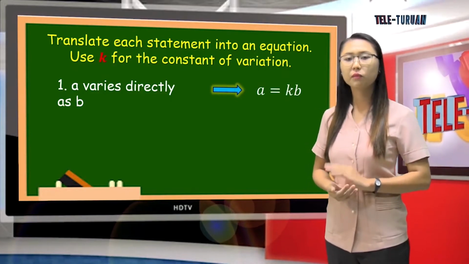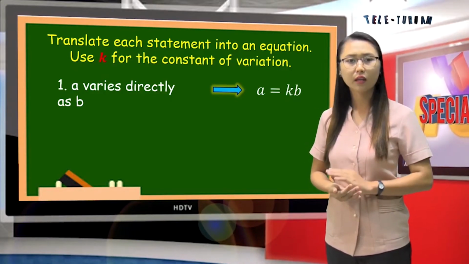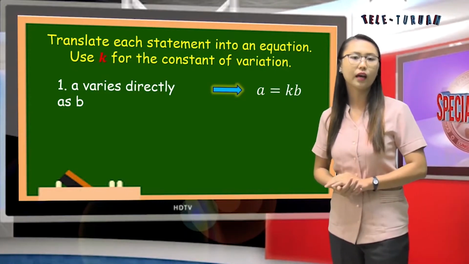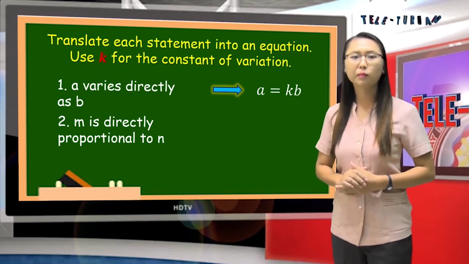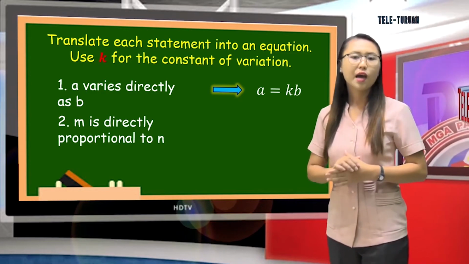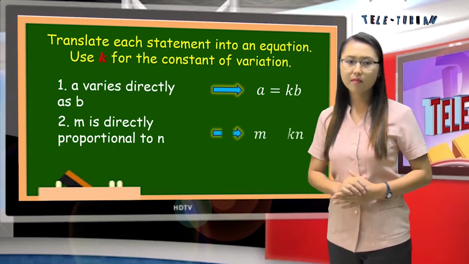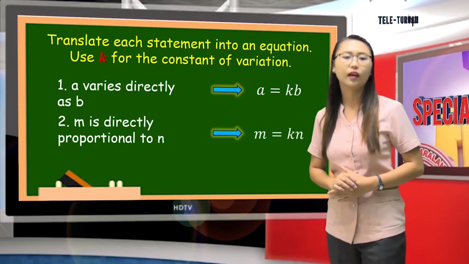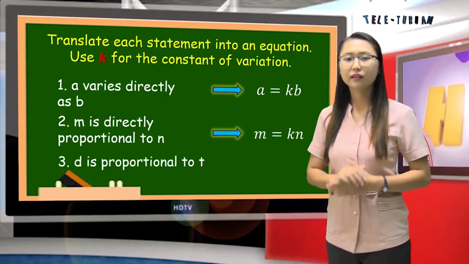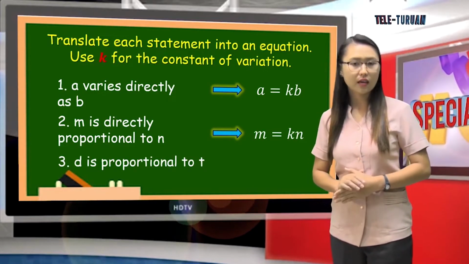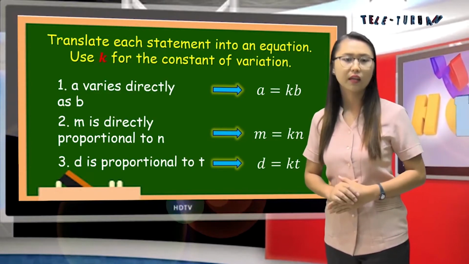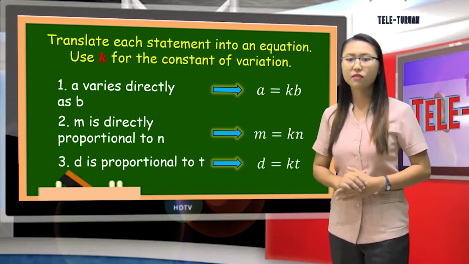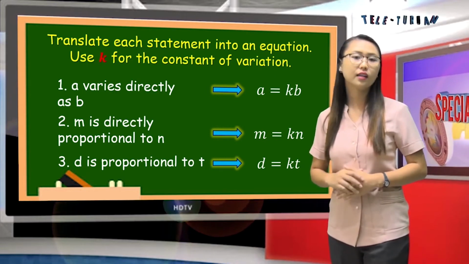The variable that will be isolated is the one that will be read first. Number 2, M is directly proportional to N, may be translated as M is equal to KN. And number 3, D is proportional to T may be translated as D is equal to KT. That is how to translate a variation statement into an equation.